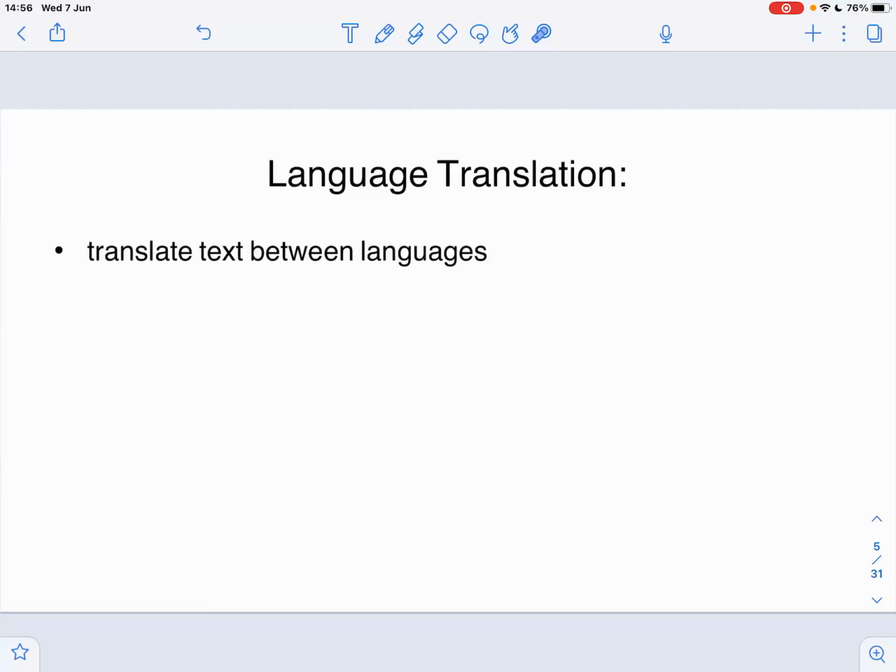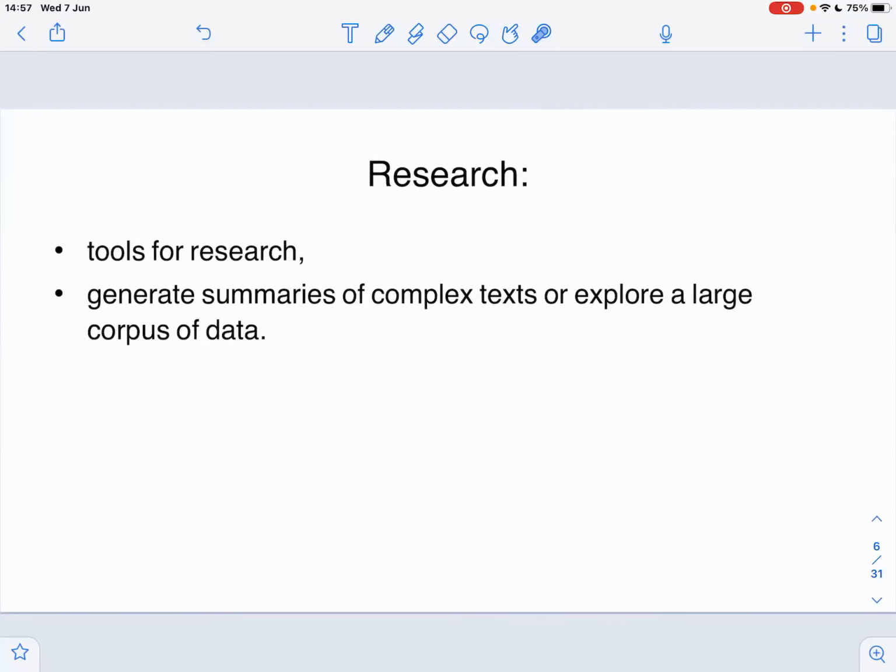And she said, "Yeah, that's absolutely spot on." So language translation is something that gives us more when we can utilize that. We can use it for research. For example, my final year project students, I encourage them to use an AI called illicit.org.